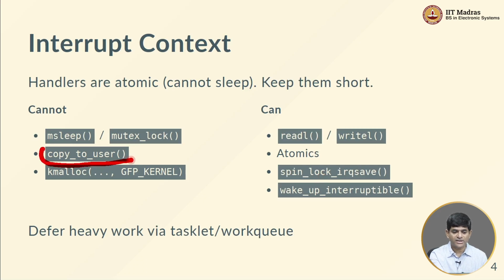Now copy_to_user is a function which basically allows you to take some data which is present in some location in memory. It could potentially be something like maybe you got an interrupt corresponding to a network packet coming on Ethernet, and you want to take the data and copy it into user space, meaning into an array that the user can see and handle.